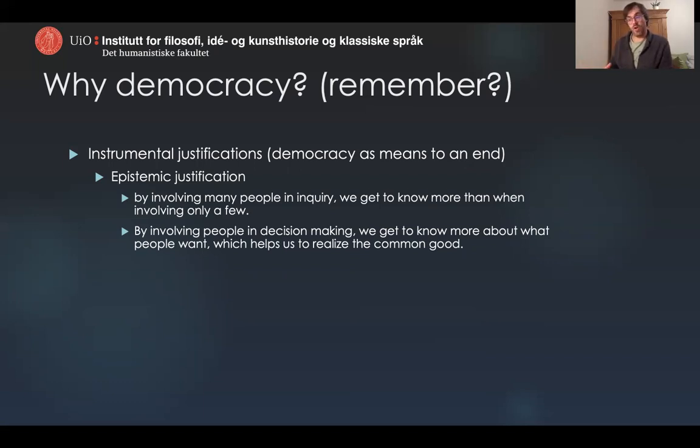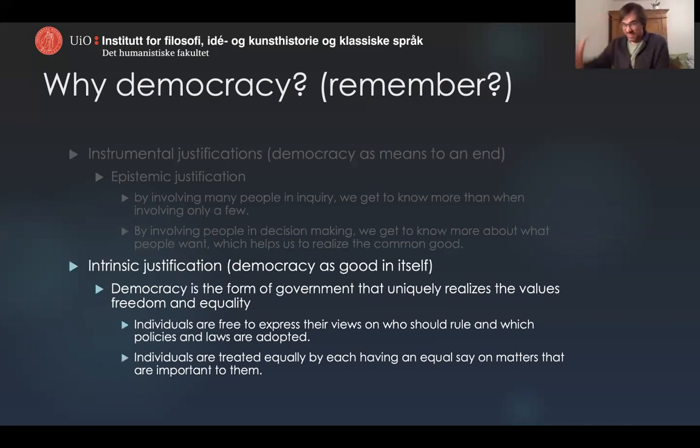Maybe Plato was just wrong that some people, the philosophers, have insight into the heaven of Platonic ideas while other people don't. Maybe by involving many people, we'll actually get to know more. Another idea is that if the goal is to do something that's for the good of everyone, then maybe, unlike Hobbes and his Leviathan, we need to actually ask people what they want. And one way to ask them is to get them to vote. We talked about problems with this idea, but it's still an idea that in some way you need to involve people in decision making in order to come to know what is actually good for them.